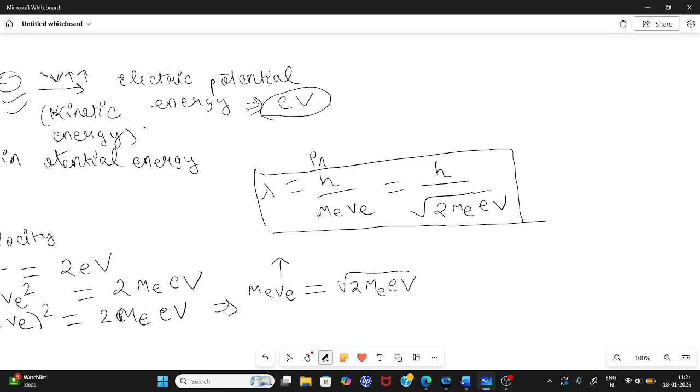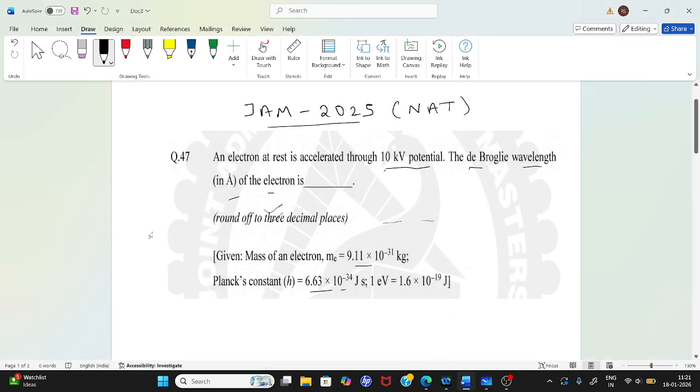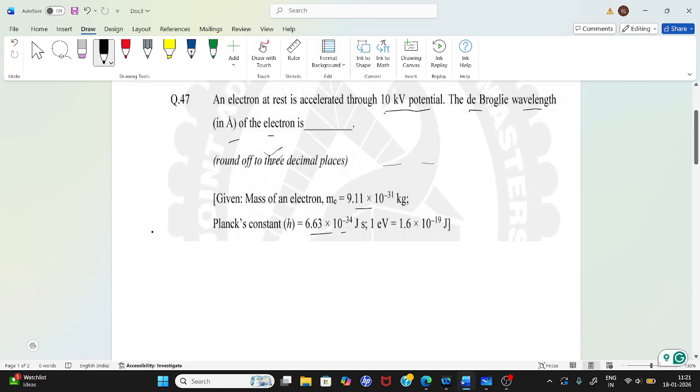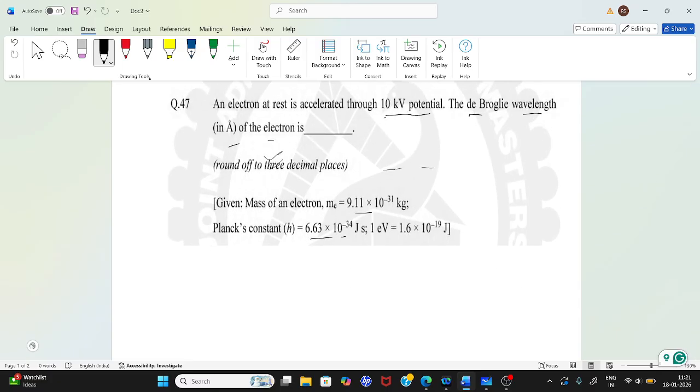Now, the question says the electron at rest is accelerated through this much potential. You have derived the relation and been given everything else, so you just put in the values.